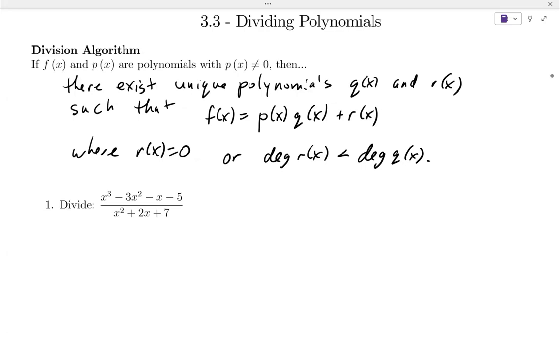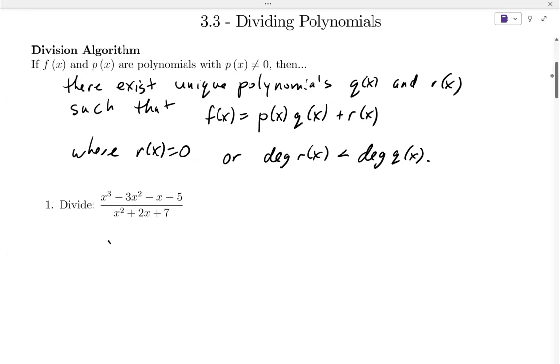All right, so let's do this first example. I want to divide x cubed minus 3x squared minus x minus 5 by x squared plus 2x plus 7. I want to start this off and write it just like I would write it back in grade school.